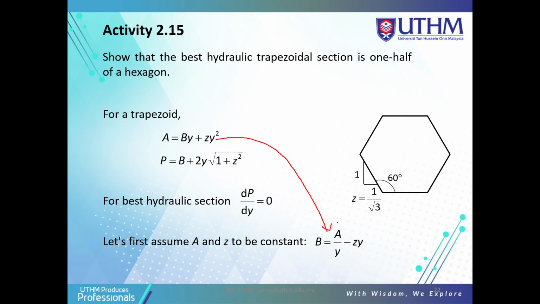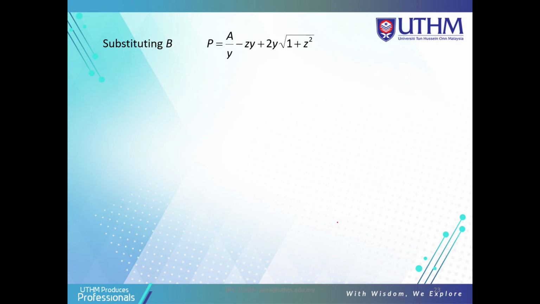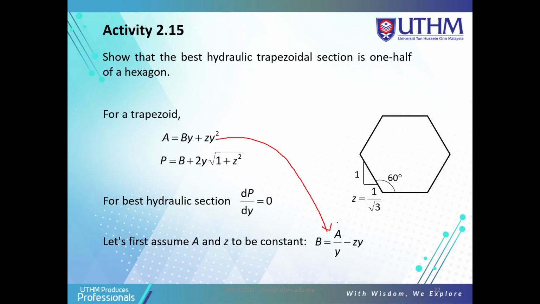Then substituting B into P. After you get B, put B back into this one. Just assume this is 1, that is 2, and then you get this as 3.